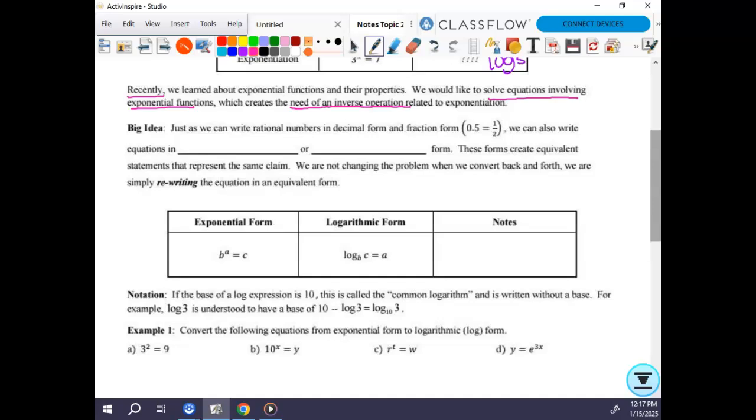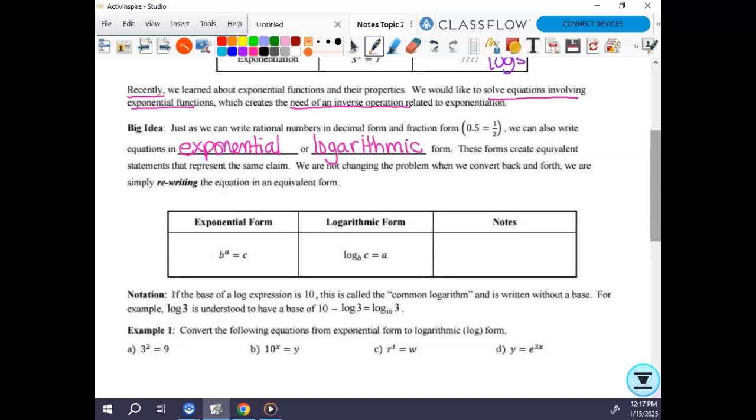So just like we can write rational numbers in decimal form, so 0.5 is equal to 1/2, we can write equations in exponential or logarithmic form. Probably the last time I'll write out that full word. We'll just call it a log. It's a lot easier.